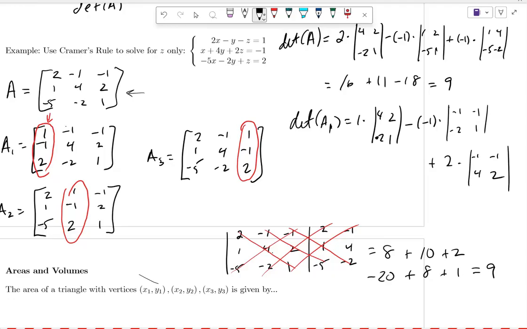That's what I was saying earlier about these cofactor entries. You're getting the exact same type of determinant that you would have gotten from A, except that your coefficients in front have changed to be the coefficients coming from your constant vector. So what do we get when we do all of those? Negative 17? Yeah, sure. I'll believe you.